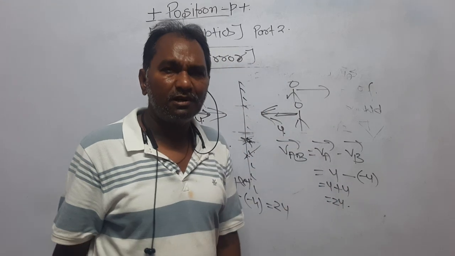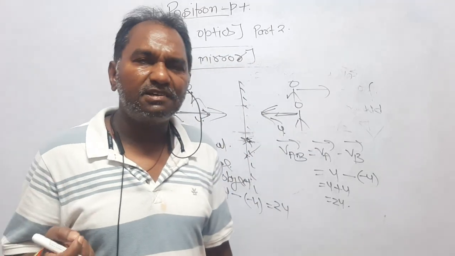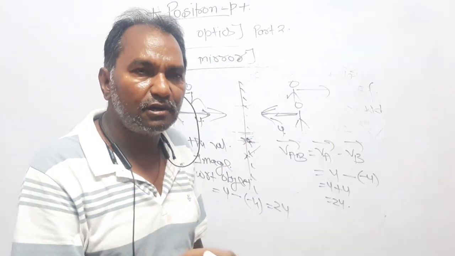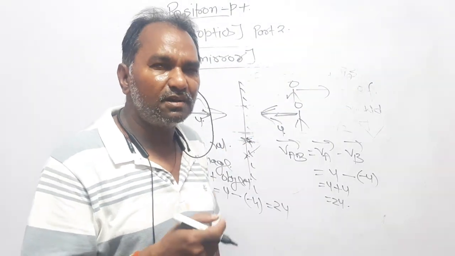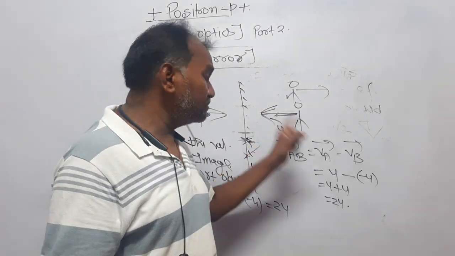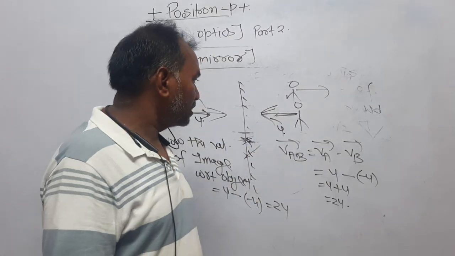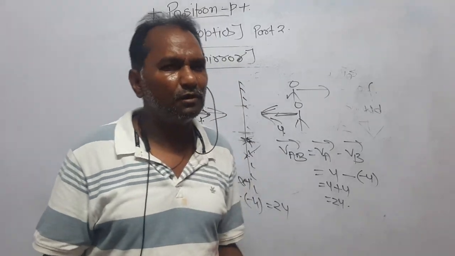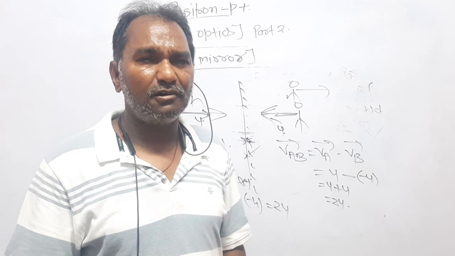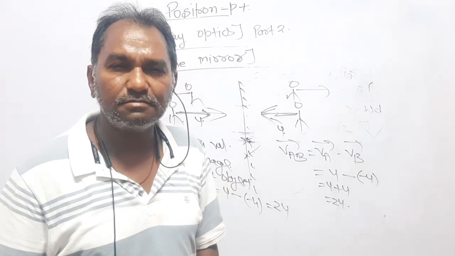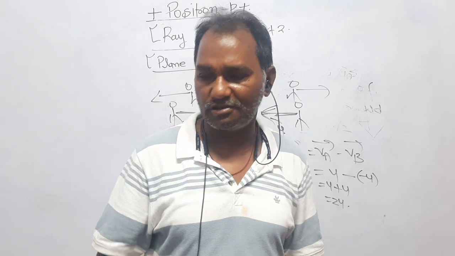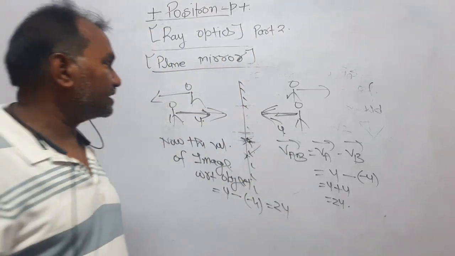So what we have got is that if the object is either moving towards the mirror or away from the mirror, then the velocity of image with respect to object will be VAB equal to VA minus VB. Either it will come plus u or minus u, no matter. But the relative velocity of the image with respect to the object will be double its original real velocity.